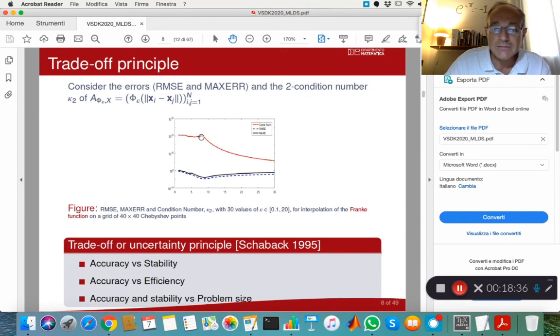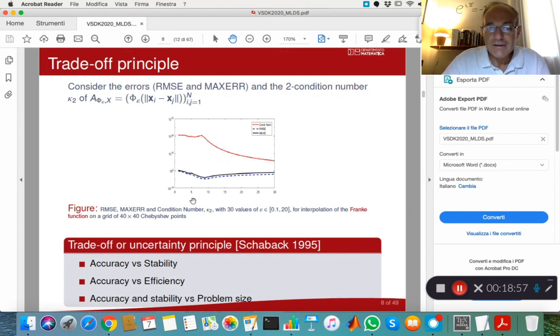So the system becomes very ill-conditioned. And so you have to make a trade-off choice for epsilon, which should not be too small, otherwise your condition number goes up too much, and then you have to face an ill-conditioned system.